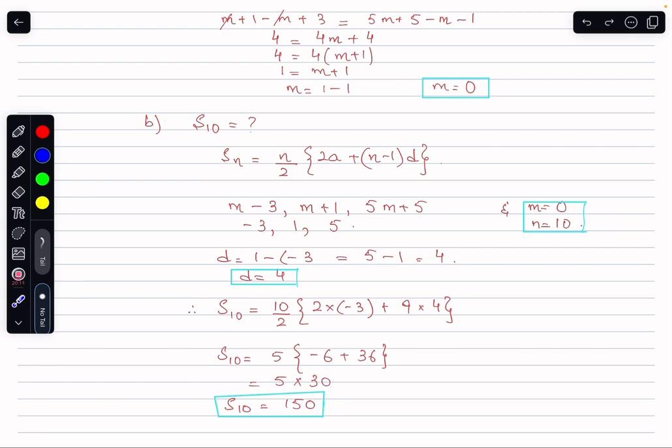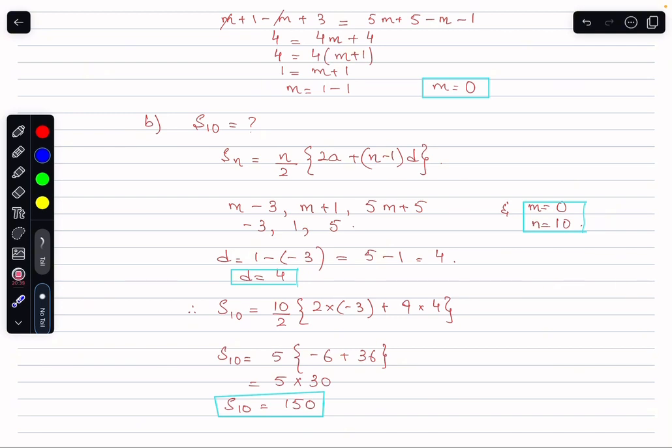From here, I can get the common difference, and this is going to be 1 minus minus 3, which shall be equal to 4. I can also verify it with t3 minus t2, which is 5 minus 1, also equal to 4. So the common difference is equal to 4.